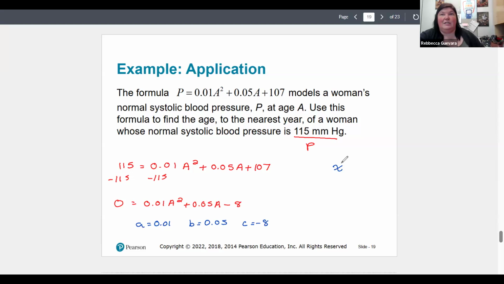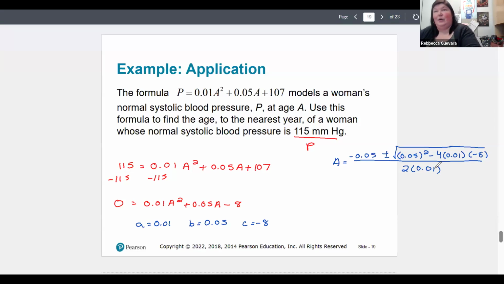So if a is my variable, it is equal to negative 0.05 plus or minus the square root of 0.05 squared minus 4 times my a, which is 0.01, times my c, which is negative 8, all divided by 2a, which is 0.02.